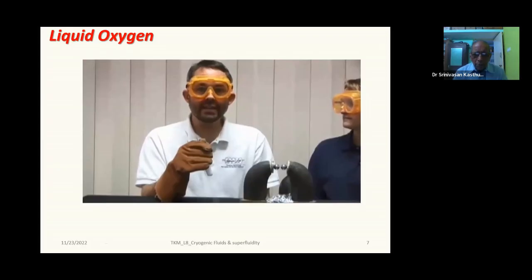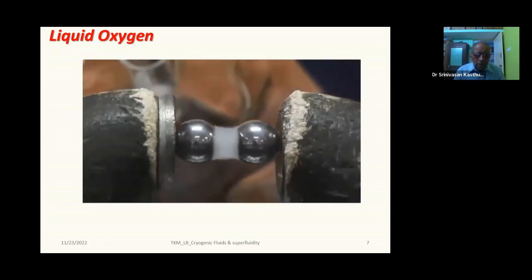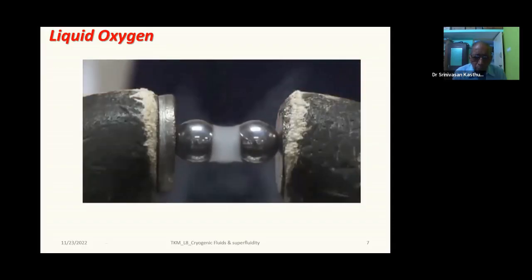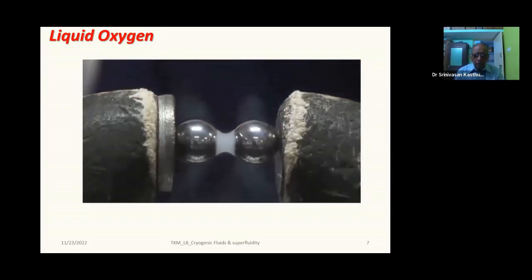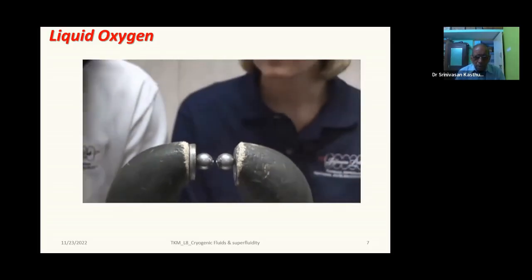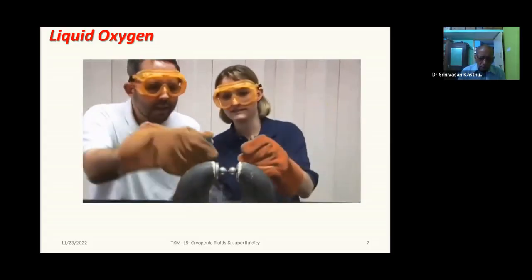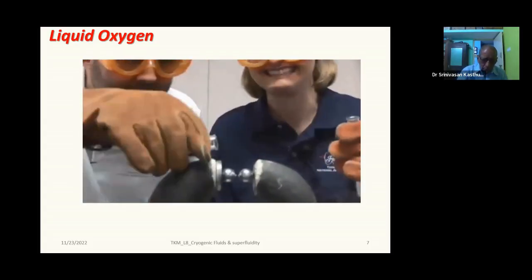On the other hand, when you pour the oxygen across the poles of a magnetic field, you will see what exactly happens. The oxygen sticks in between the two poles of the magnet. The reason being oxygen is paramagnetic, and because it is paramagnetic, it is able to stick between the poles of the magnet. Okay, we'll move to the next one.